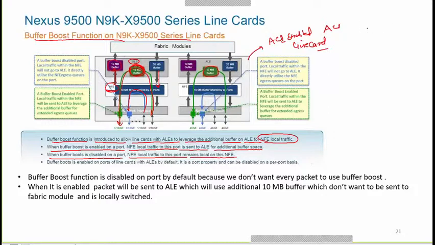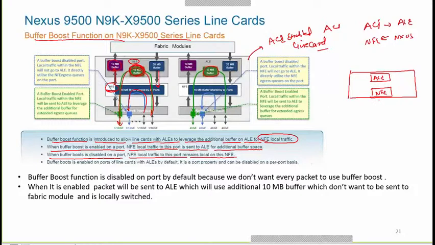Your line card is an ACI enabled line card. That means you are using the ALE chip and NXOS. For NXOS you have the NFE. So each line card will have two types of chip, one has ALE and another has NFE.